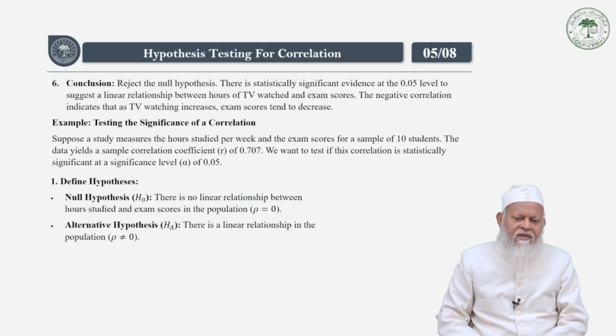So the null hypothesis we set up is that there is no relationship between hours studied and exam scores in the population. That is our null hypothesis, that there is no relation between the study hours and the exam scores.